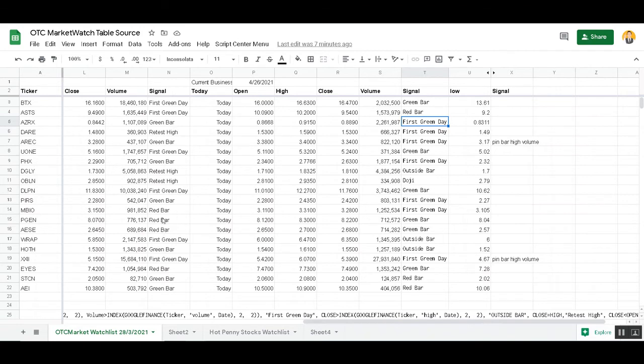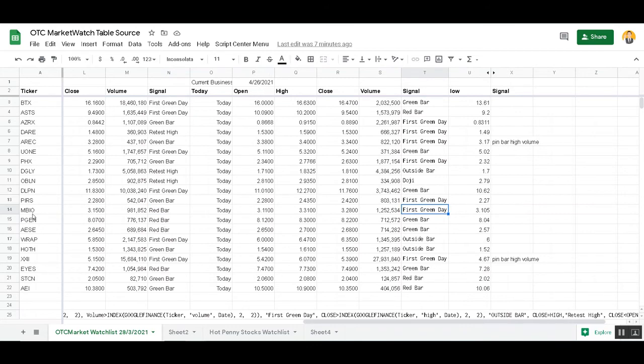But we don't have a red day. Well, we have. So first green day and a red day, MBIO. So we should have a red day on the 25th of April and a green day on the 26th of April.